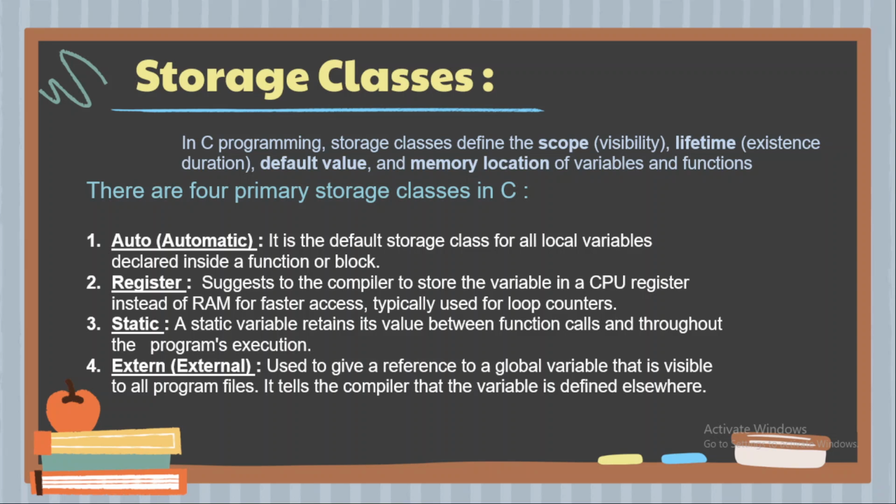Register is used to store a variable in a CPU register instead of RAM for fast access. Static: a static variable retains its value between function calls throughout the program execution. External is used to give a reference to a global variable that is visible to all program files.